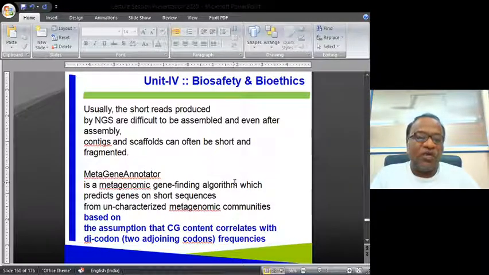So you need to have a robust algorithm. So MetaGene Annotator is a metagenomic gene finding algorithm which predicts genes on short sequences from an uncharacterized metagenomic community.